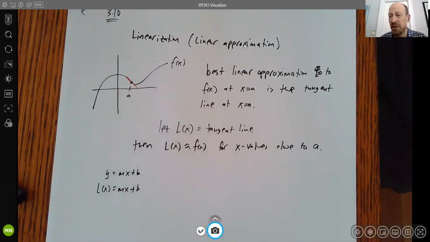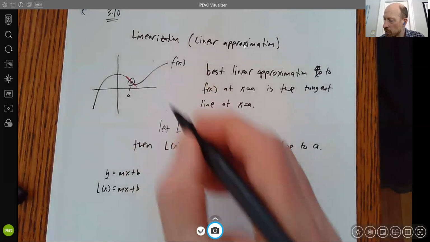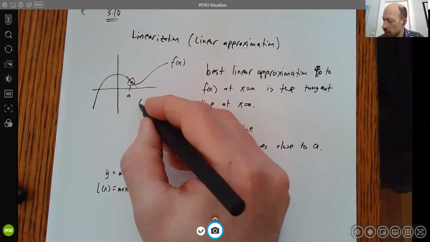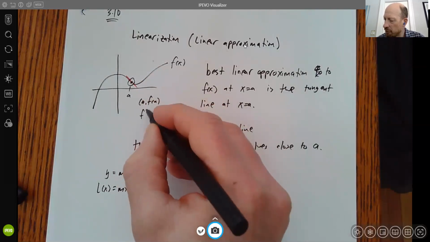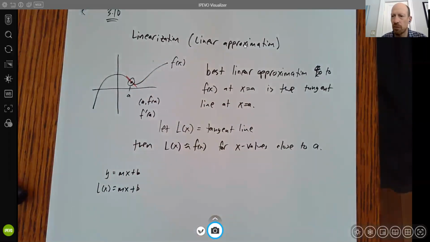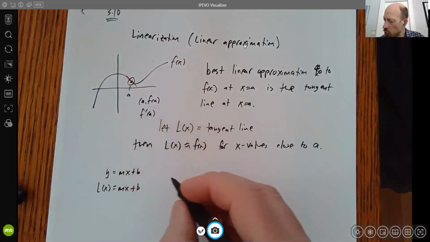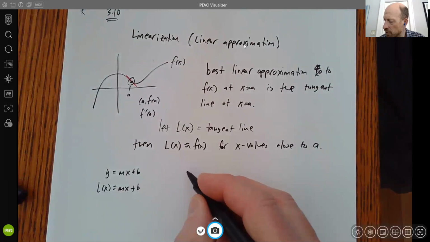L of x is the linearization, but it doesn't really matter. It's the same relationship. And of course, if you want to write this down using the point we have here, the point is a, f of a, and the slope, of course, is f prime of a, right? The derivative at that point is the slope of the tangent line. So we have the point and the slope, and you just put that into your formula here.